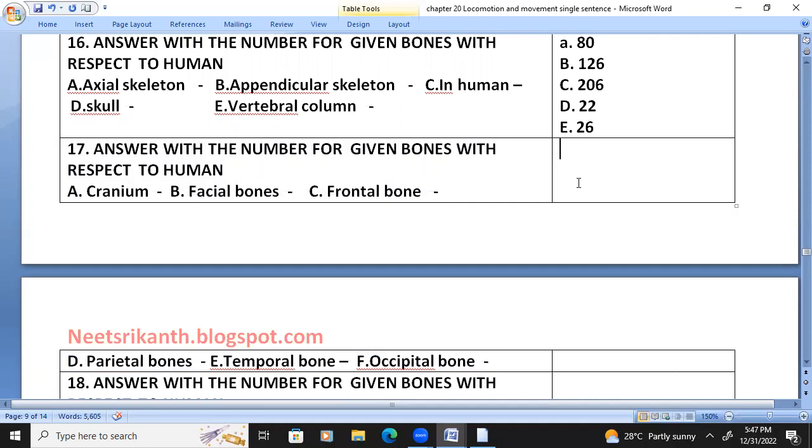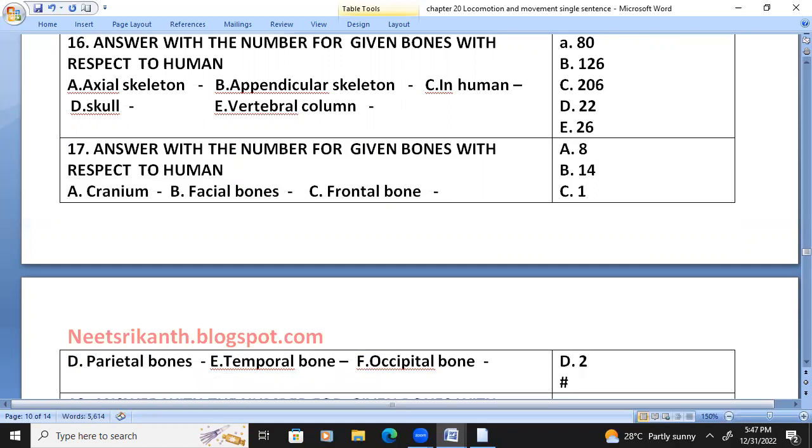Answer with the number for the given bone with respect to the human being. A. Cranium. Cranium number of bones are 8. B. Facial bones 14. Frontal bone 1. Parietal bones 2. Temporal bone 2.